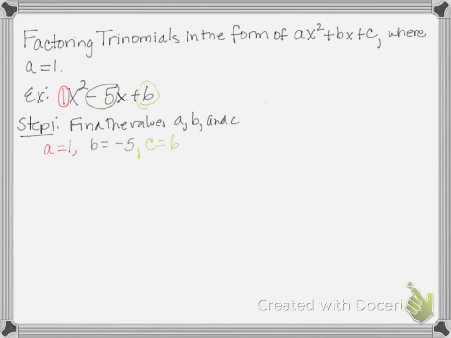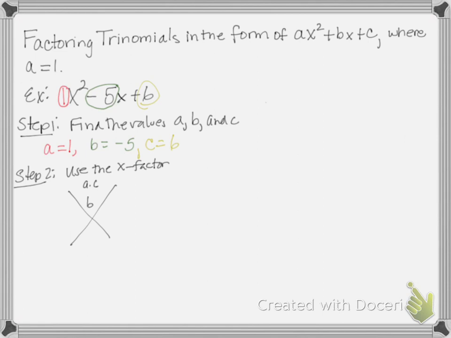All right, step 2. We're going to use the x factor. All right, in the big X, I'm going to put a times c into the middle part of the X. And a times c gives me 6.